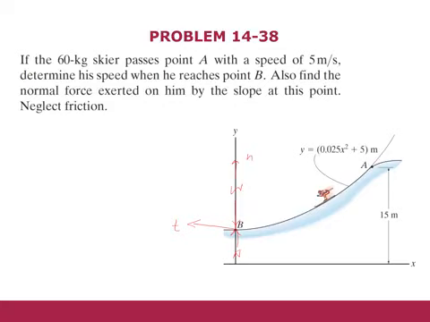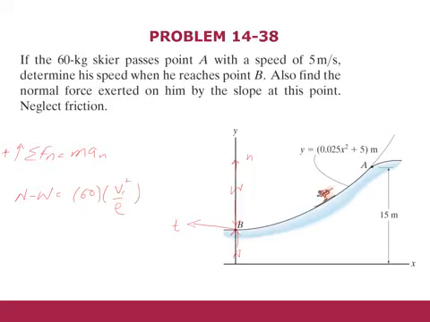That is why we can apply the sum of all the forces in the normal direction equals m a_n. In the upward direction, we are taking forces as positive. So the equation is N minus W equals mass, which is 60, times a_n, which is V squared by rho, right?